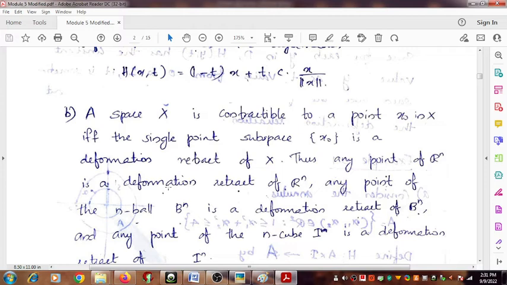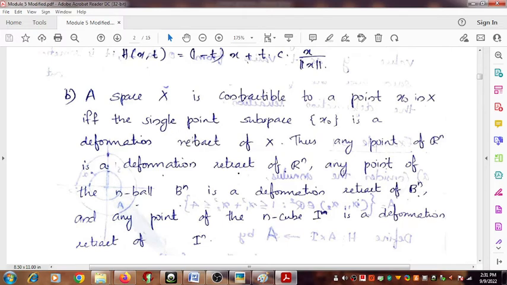We can consider the single point subspace D equal to the set {x naught}, where x naught is the point to which the space X can be contracted. And then you can easily define a deformation retraction function that can deform the space X to that single point subspace x naught.